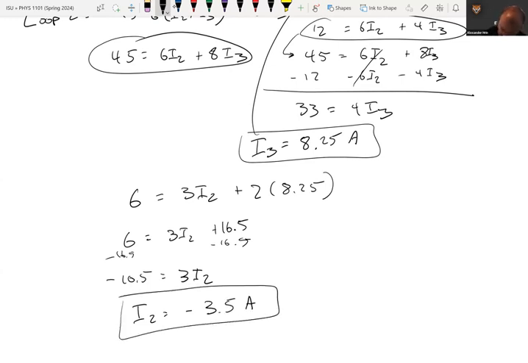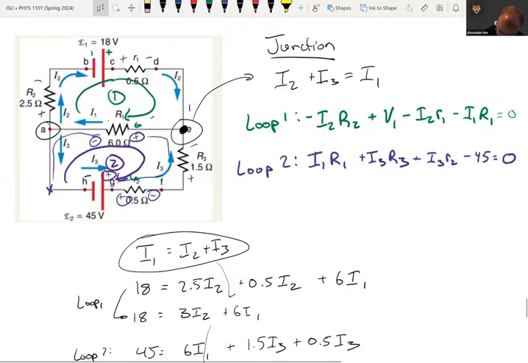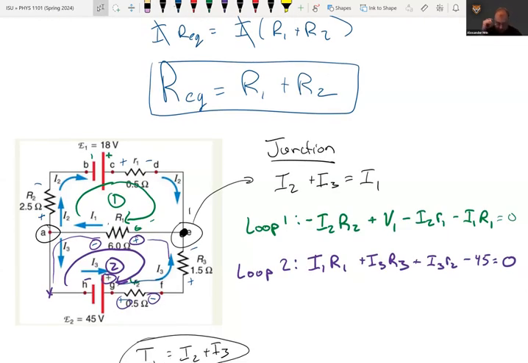Now, the whole idea behind this negative is that it means I2 was drawn in the wrong direction. And this is why I say it doesn't matter. So we go back up to this circuit diagram. I2 was drawn as going from the negative terminal to the positive terminal, which is not a bad idea, but it turns out that's incorrect.